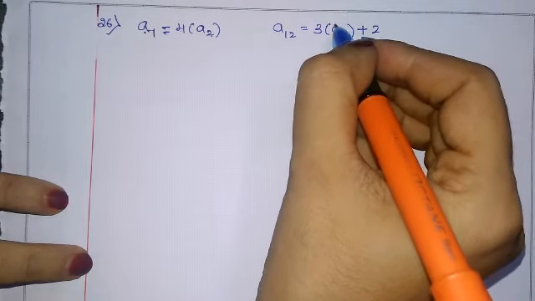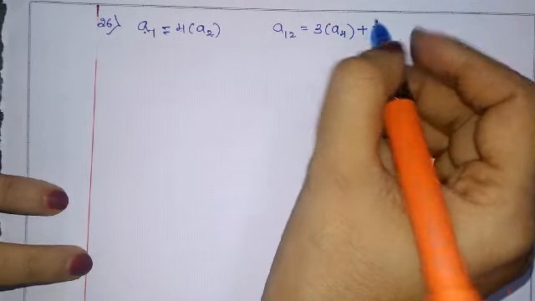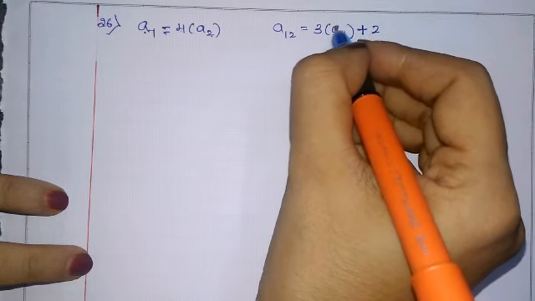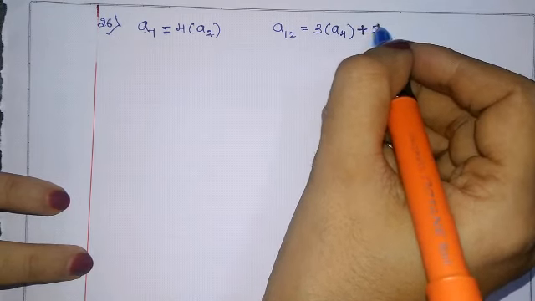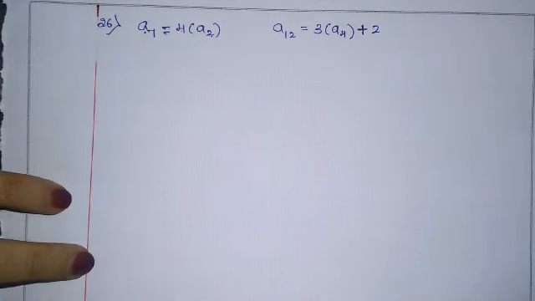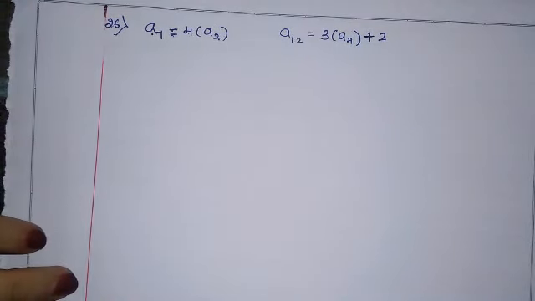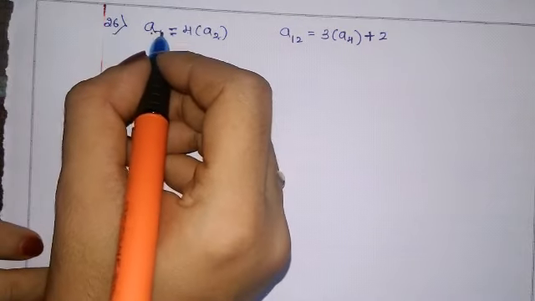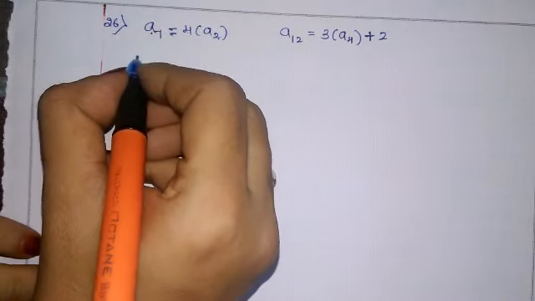Even you can write 2 plus 3 times 4th term also. 2 more than, more means plus. 2 more than 3 times 4th term. Find AP, they have told. Okay. Let us start solving. A7. Okay.